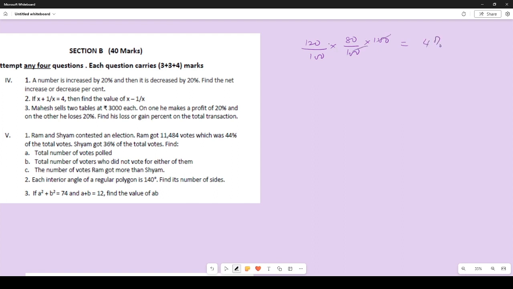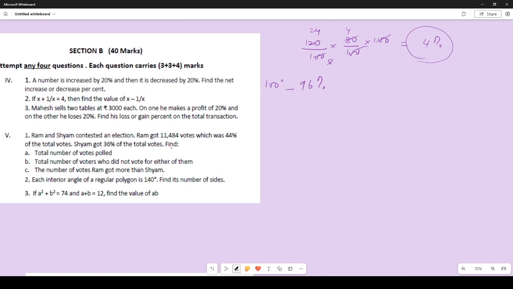So the net decrease, that's the simplest way to solve it. 4 by 5 is the best thing, and then you have 24. So this becomes 4. So the number over here becomes 96%. So the number was originally 100%. So the decrease which it has shown is 4% over here.